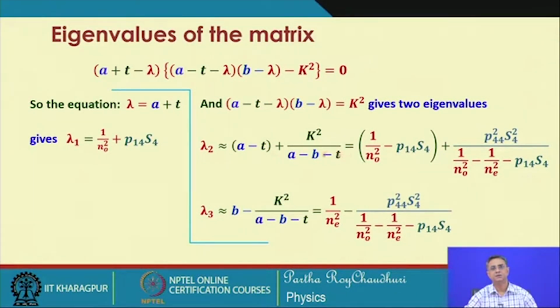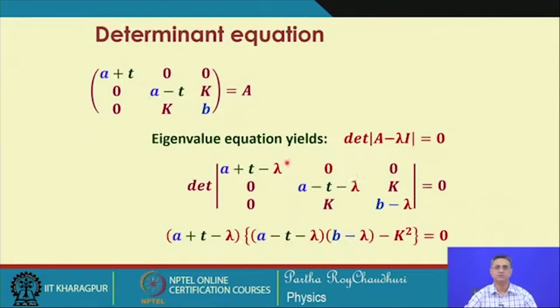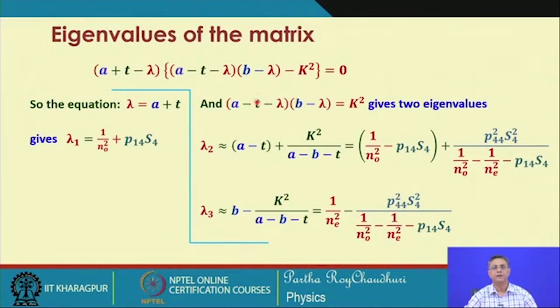and if we substitute these values, we can do a small binomial expansion for this quantity, because if I write the solution of this equation, then we can write in this form.